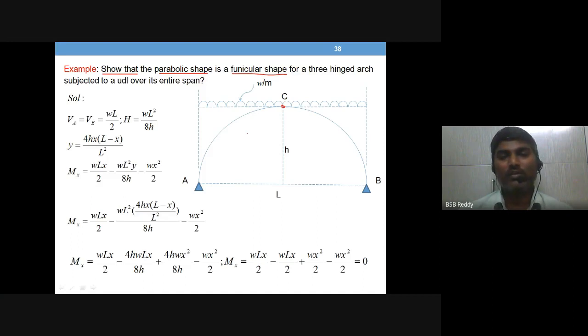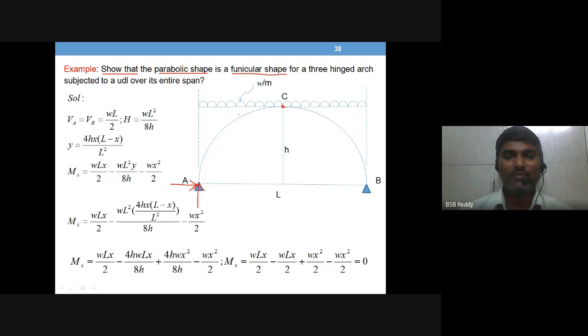Prior to writing the Mx equation, what exactly do you need? Before you write bending moment value anywhere in the arch, you must solve for support reactions. Then only will we be able to write bending moment value.